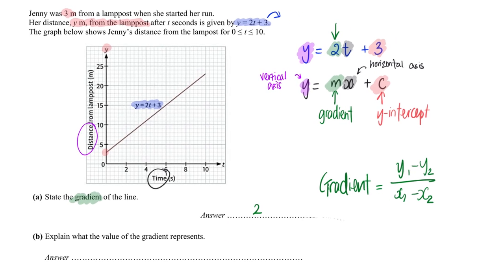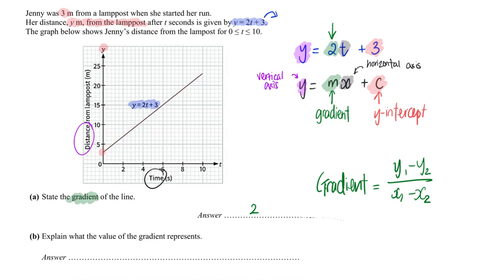If I piece everything neatly now, you would see that the vertical axis in this question is represented by the distance. The horizontal axis x is the time.